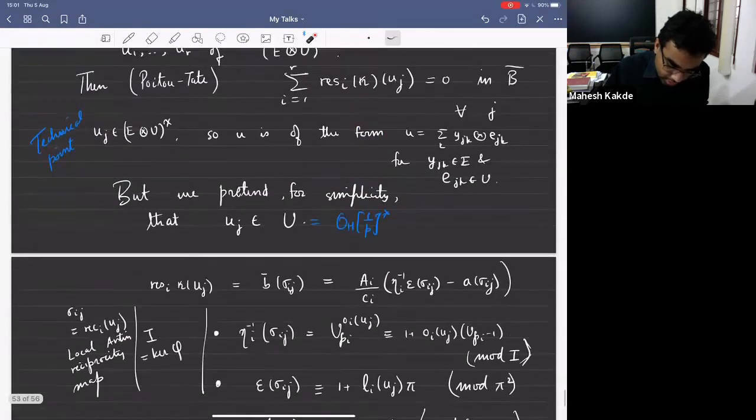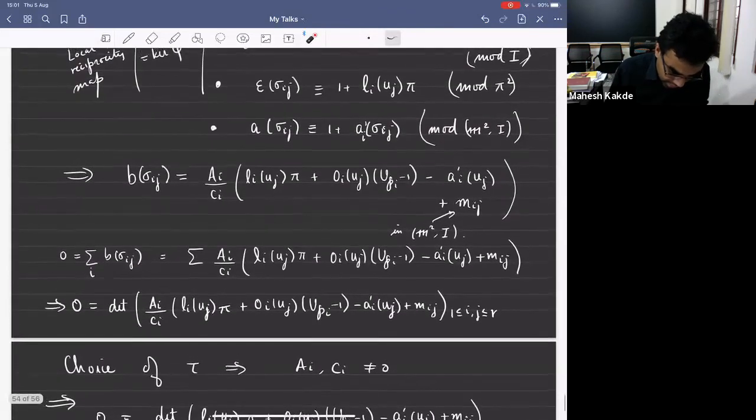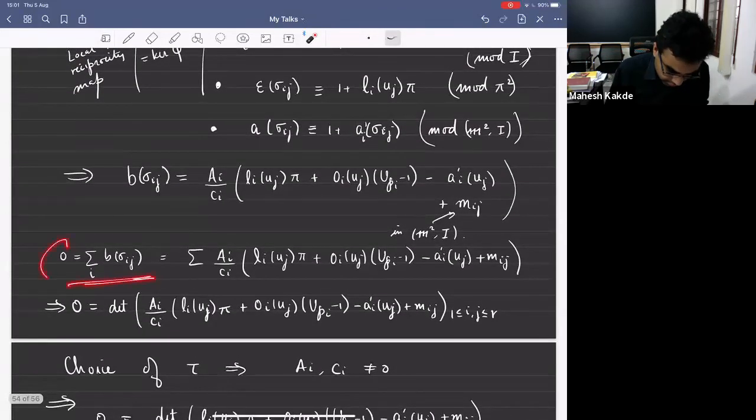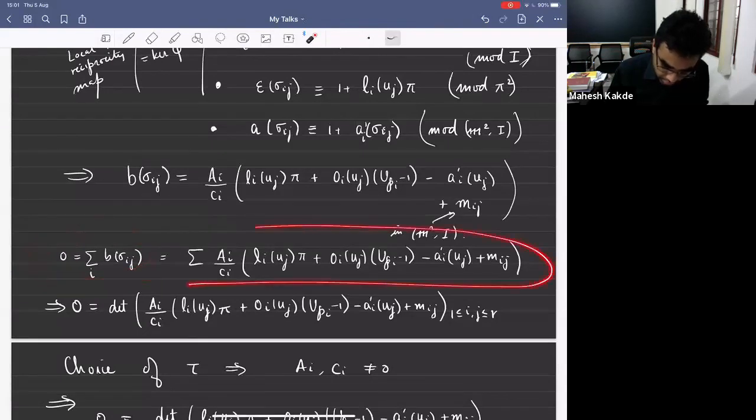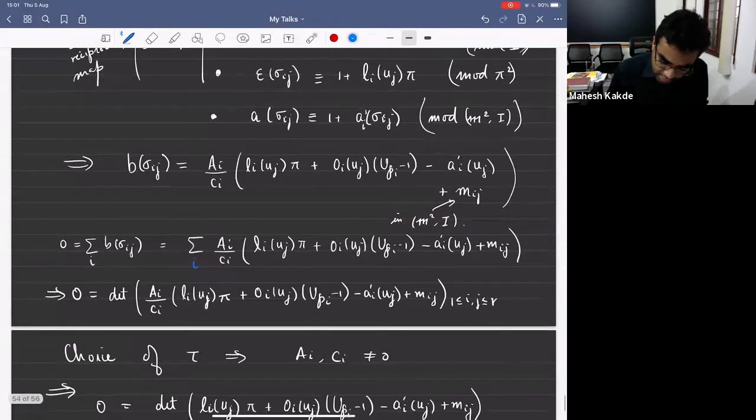Now, going back to our orthogonality relation, if we sum these quantities over all the i's, we get 0. Now if you look at this R by R matrix, there are two indices here, I and J. So we can look at an R by R matrix indexed by these I and J with these entries.